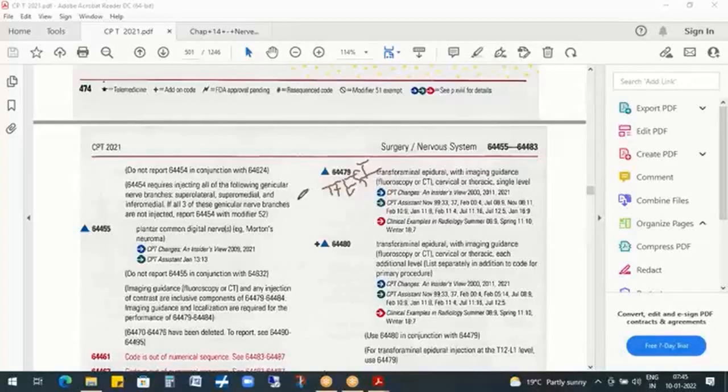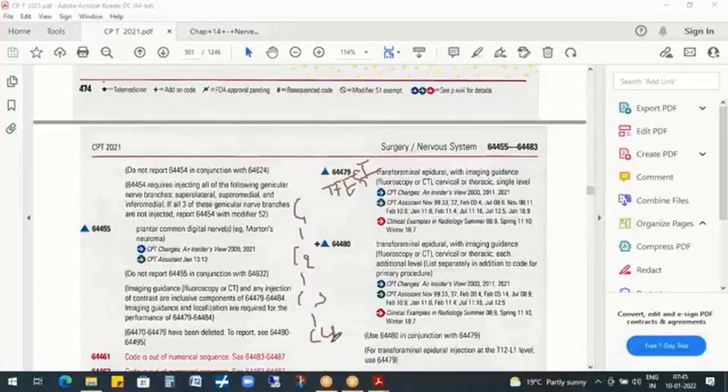Now you can see cervical, how many segments are there? In anatomy we discussed, in the cervical region there are 7 segments, C1, C2, C3, C4, like that. Now, C1 to C4, how many levels are there?